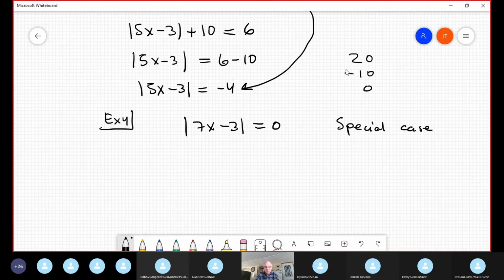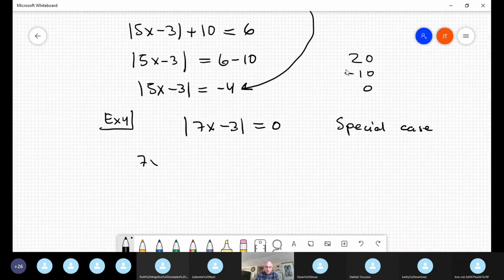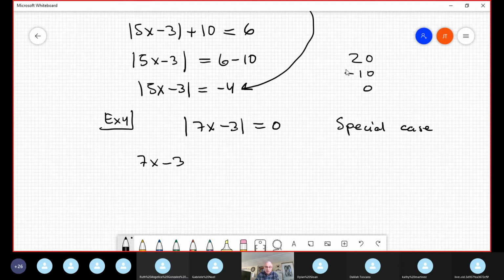Solution, yes, but we have only one. Why only one? Because suppose you try to apply the rule. You copy 7x minus 3 equals something, then you put 0, but 0 has no sign. So 0 positive or 0 negative has no sense. This is a stupid thing. 0 has no sign. 0 is just 0, and you can delete everything. Therefore, we have only one equation, not two equations, when it's 0. And you solve this equation: 7x equals 3, divide by 7 both sides, x equals 3 over 7, and that is the final answer.